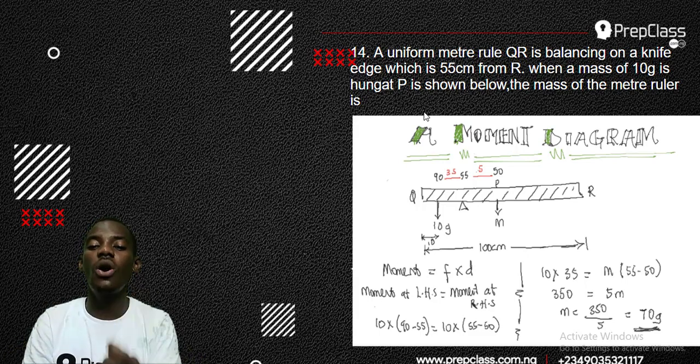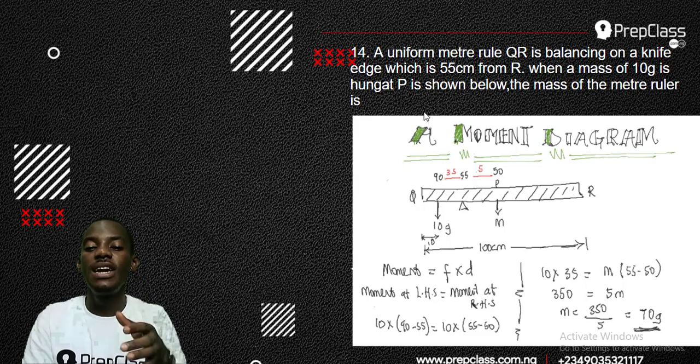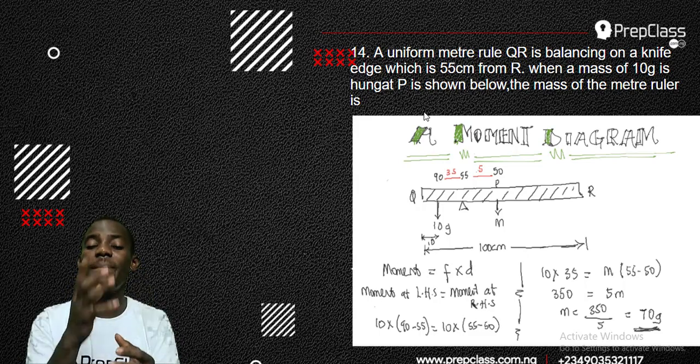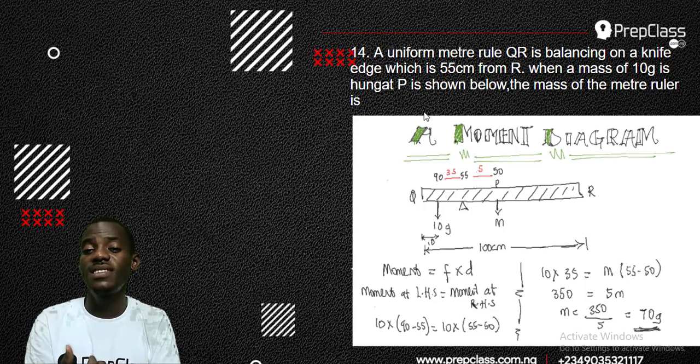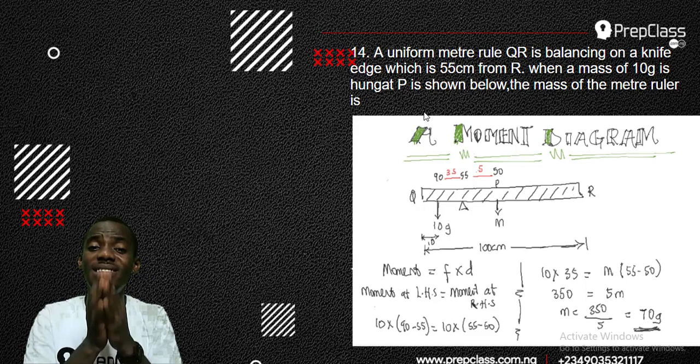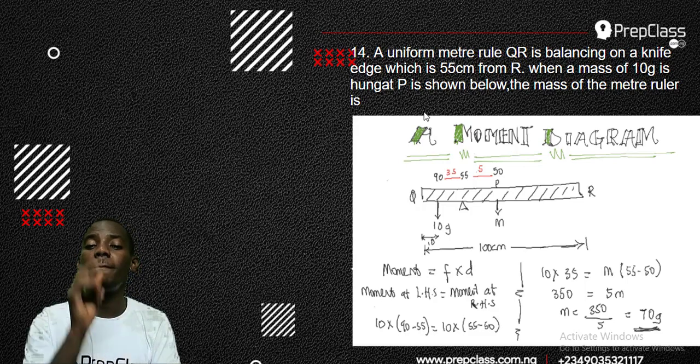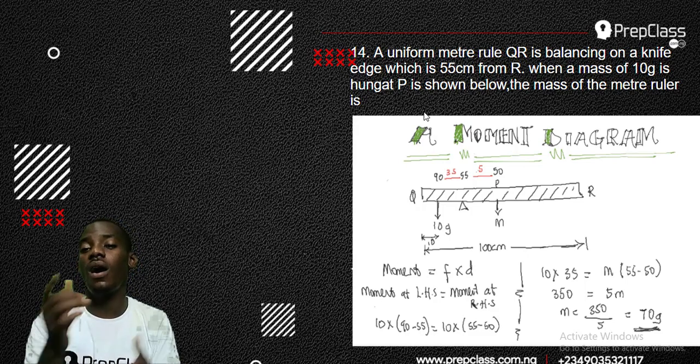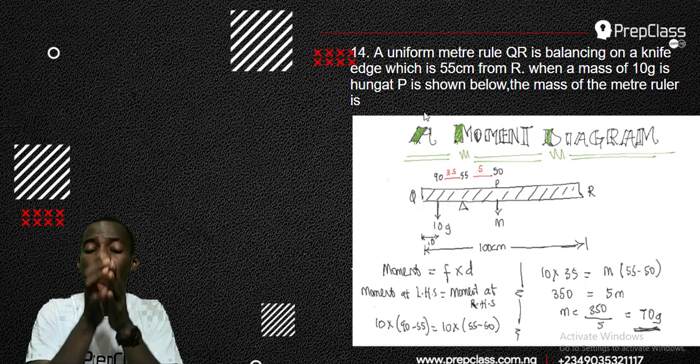The weight of the rod can be taken from the middle. So if they say find the mass of the rod, it acts at the middle of the rod, at 50.